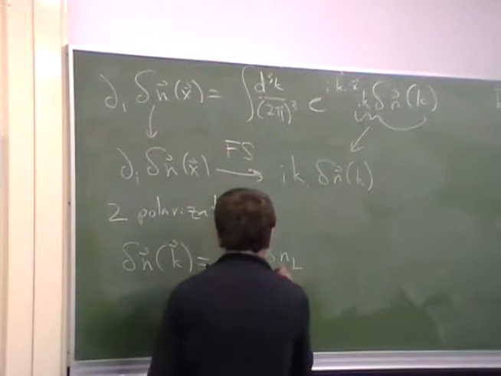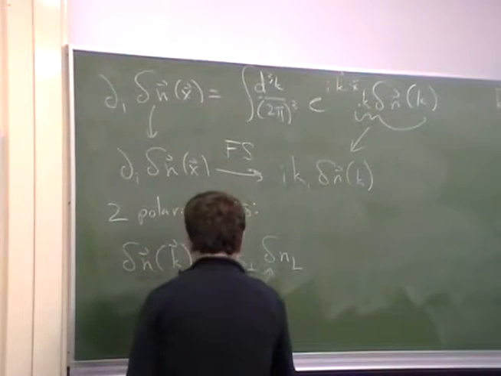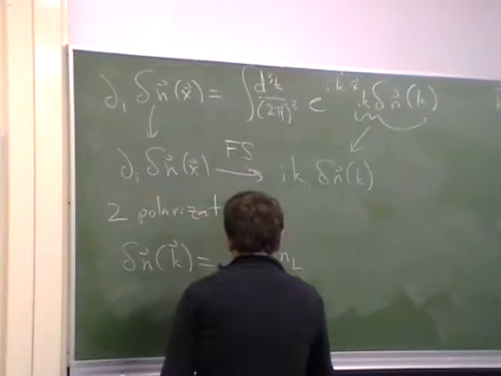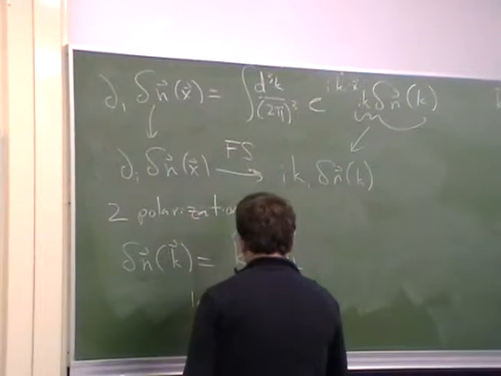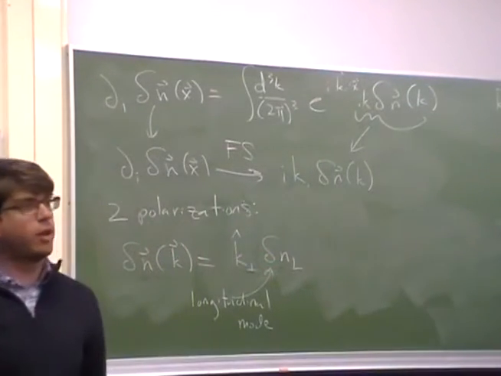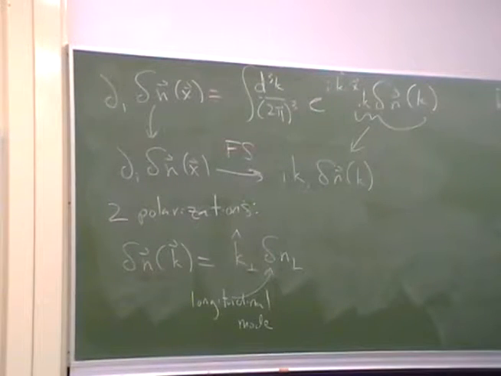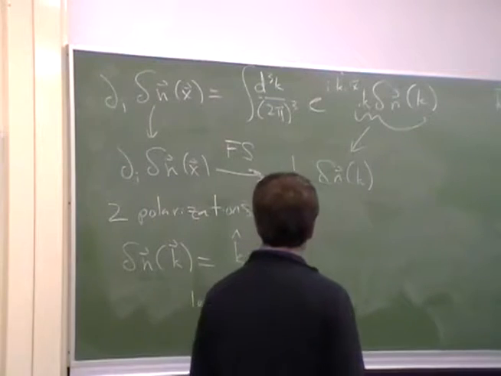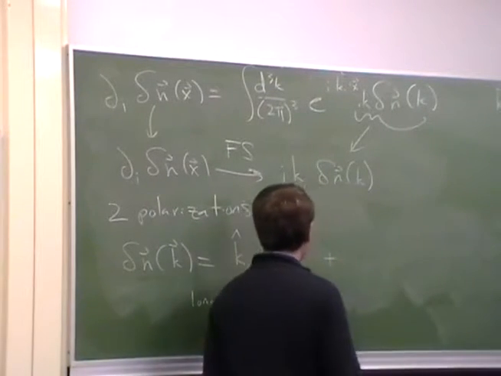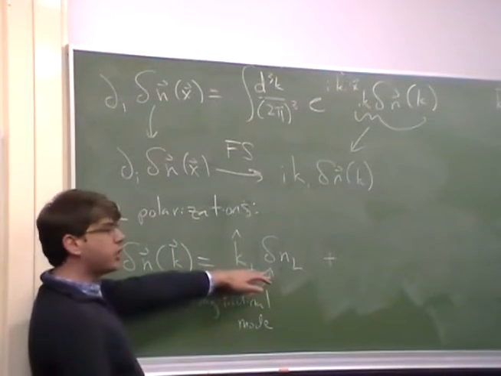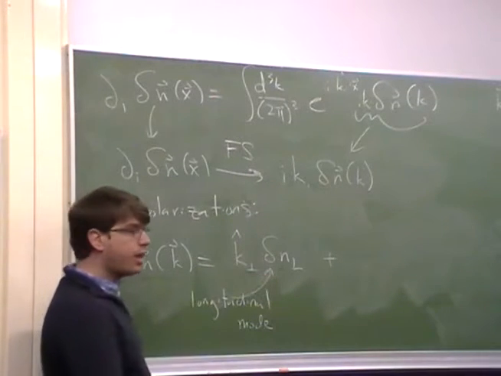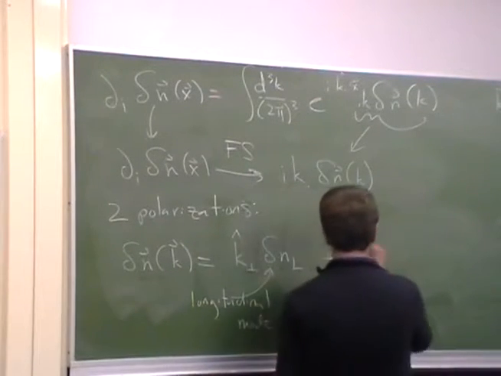And this is called the longitudinal mode. You may have seen this, for example, when studying phonons or excitations of some sort of elastic medium. Okay, and you can look at the other polarization, which is called the transverse mode.